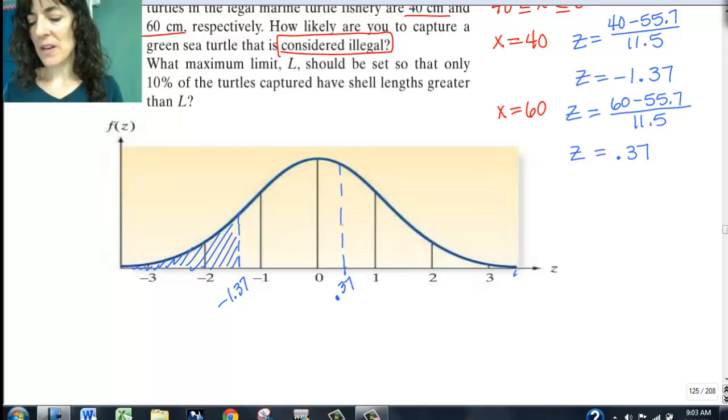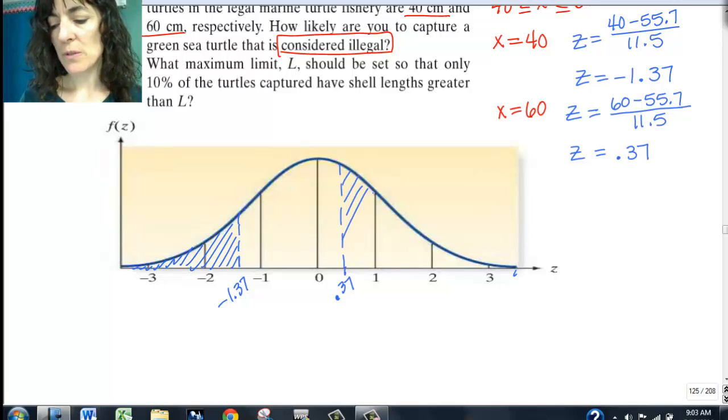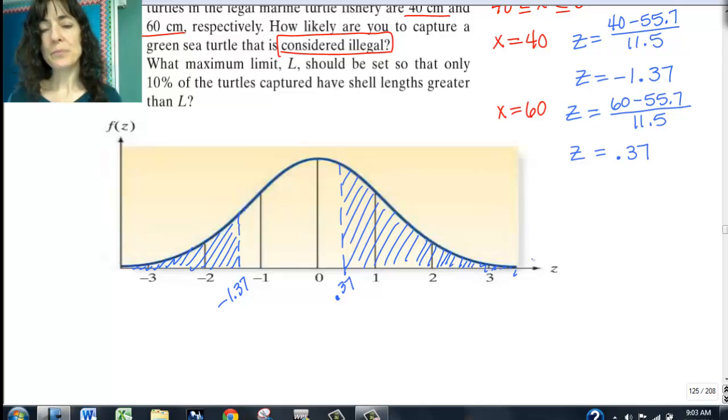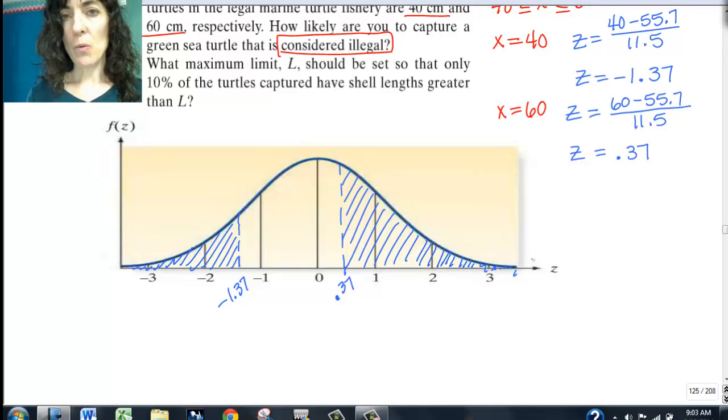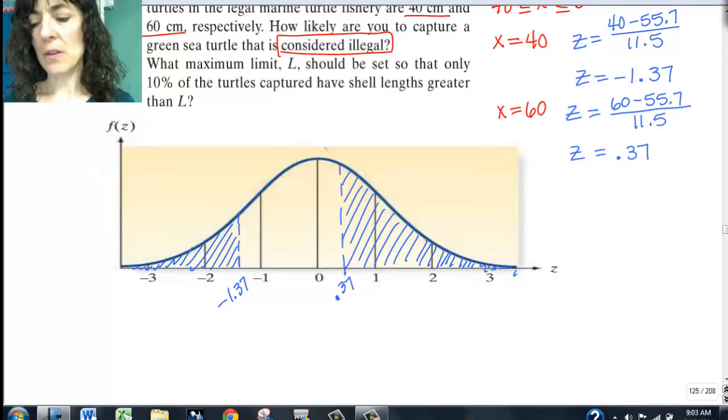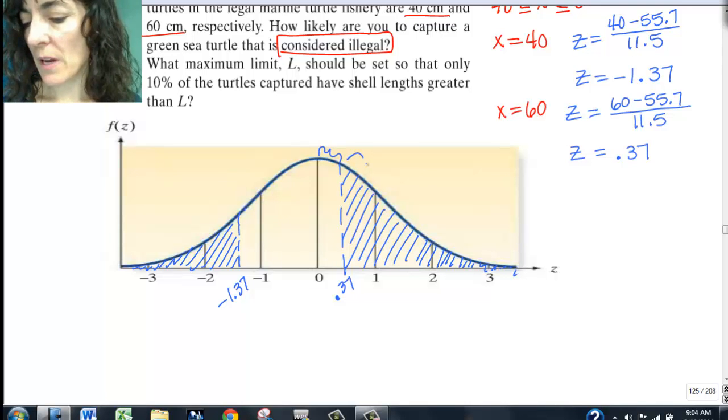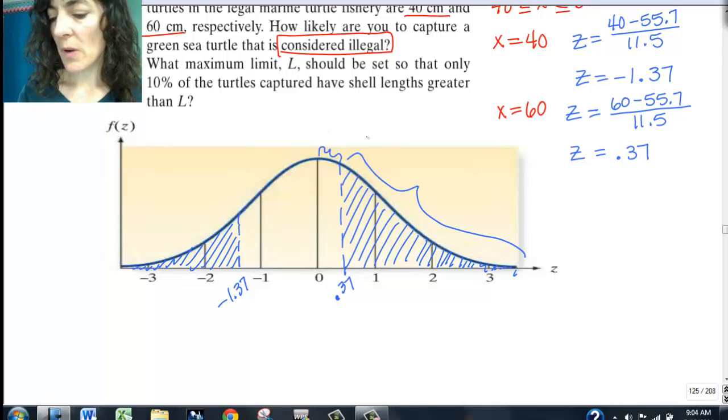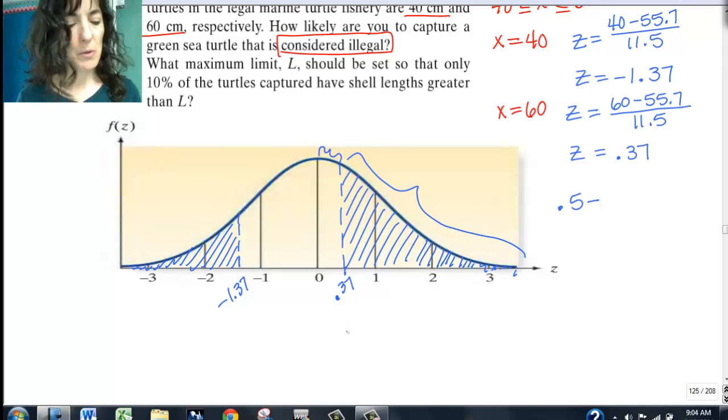And then remember I'm talking about those that fall outside of the legal limits, so I want this region here. Okay, when I look these up on the chart, I am going to be looking up this piece, and I really want the other piece, the right hand part here. So I'll have to do 0.5 minus whatever my table lookup is for 0.37.